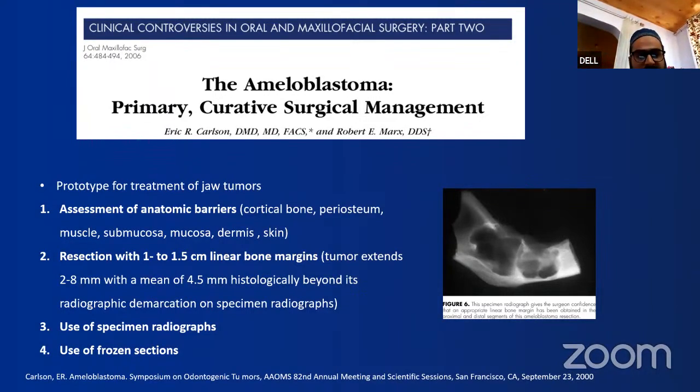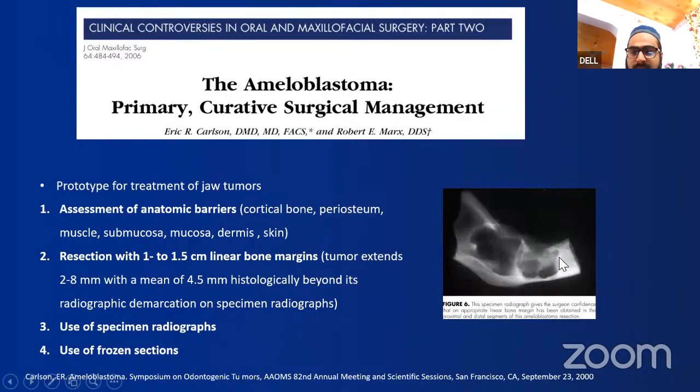As we know, the tumor extends 2 to 8 millimeters histologically beyond the radiographic borders. Then after resection, specimen radiographs are used intraoperatively inside the OT once the patient is under GA, assessing the adequacy of the margins, whether they are okay or less than 1.5.